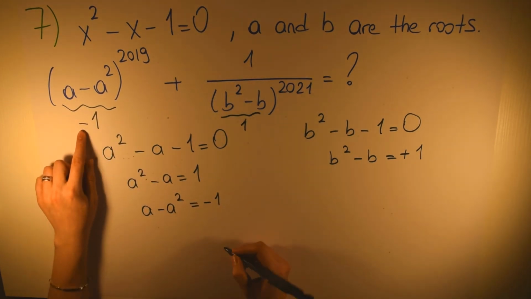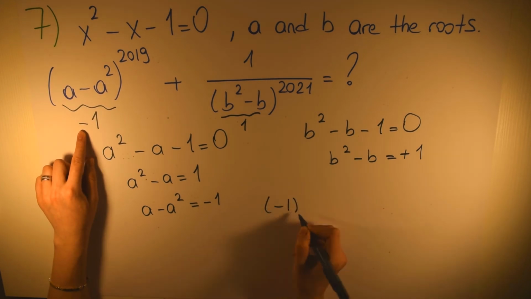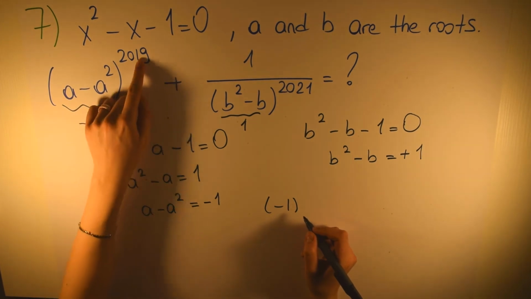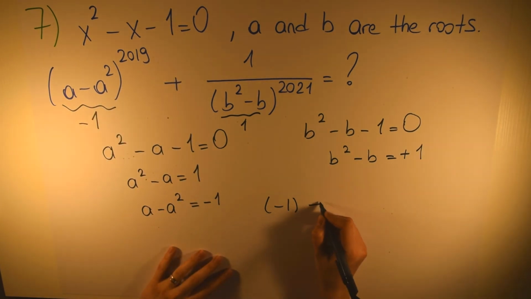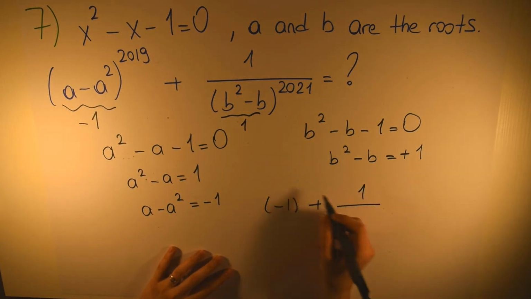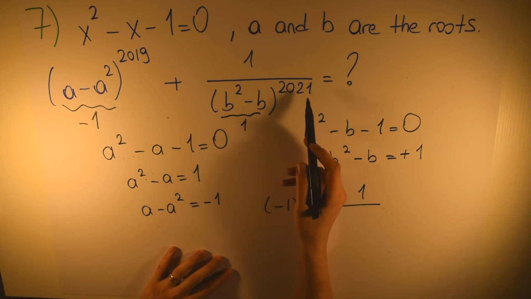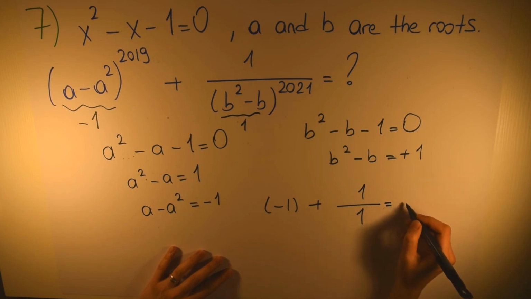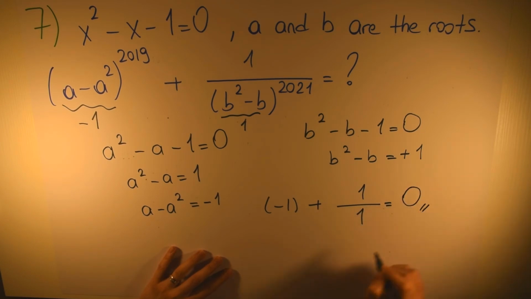So here I have minus 1, because minus 1 to the power of 2019 will still be minus 1, plus 1 over 1 to the power of 2021, which is equal to 1. And from here, minus 1 plus 1, and our answer will be 0.